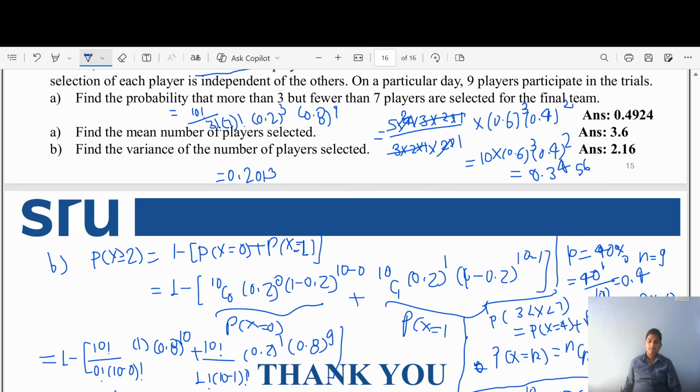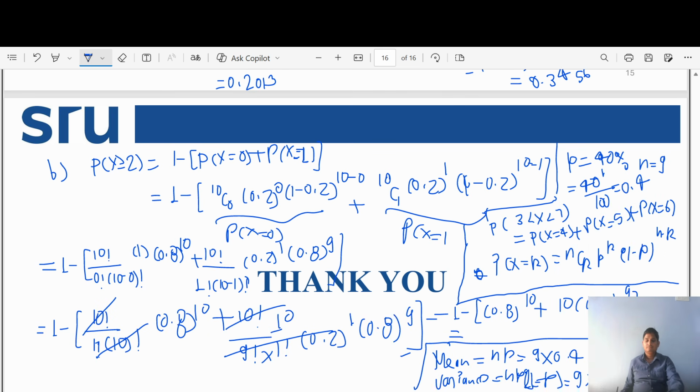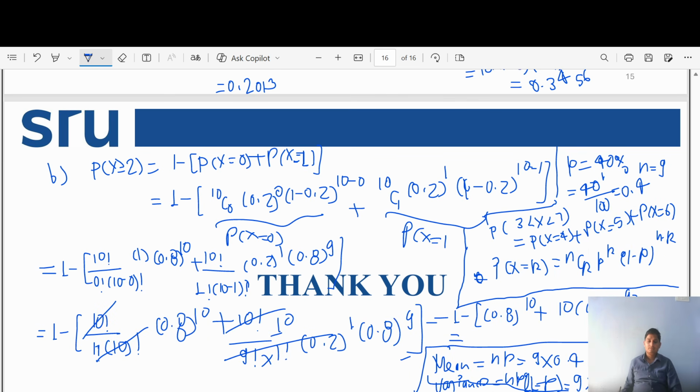So what is the mean? Mean is NP, N is 9, and P is 0.4. So this becomes 3.6. And variance is NPQ, that is NP(1 minus P).